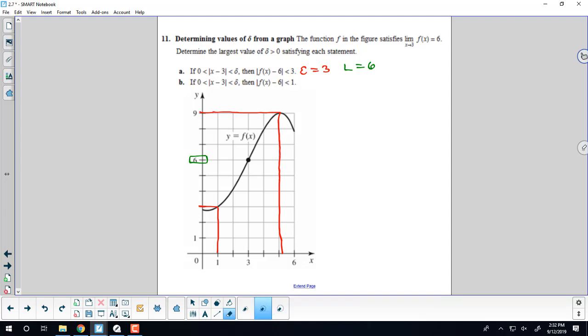Yeah, right, because then we're just kind of reverse engineering. We know that this is max and min. We see what y value that corresponds to, and then we go over just so we can see what x value that corresponds to.